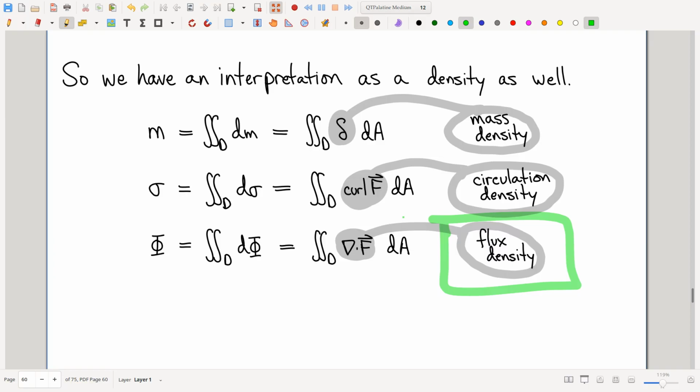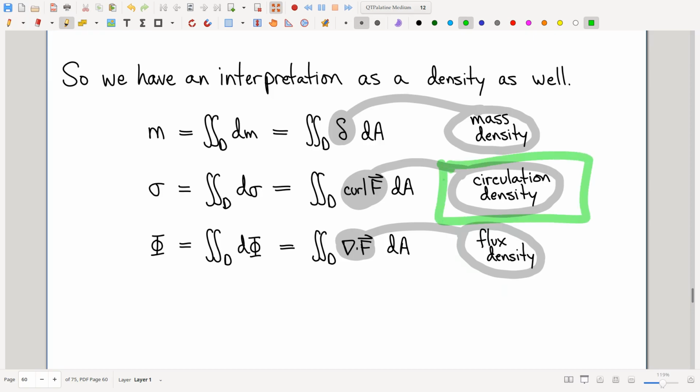And by the way, this term circulation density is not as common, which I think is super weird. It makes just as much sense. It's just as descriptive and explicit, and the analogy is just as strong, and yet you don't hear that term as much. I think it's a shame.